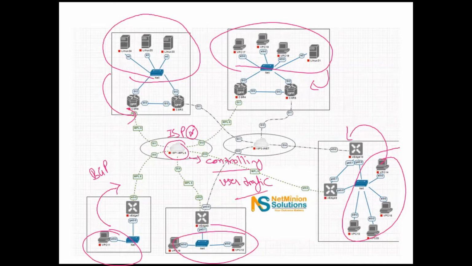Control is in the hand of the ISP. And if the ISP doesn't support something, let us say the ISP says, okay, I don't support QoS, then you cannot apply QoS on this particular topology. Then you may need to change your ISP, and changing the ISP is again a very painful area.